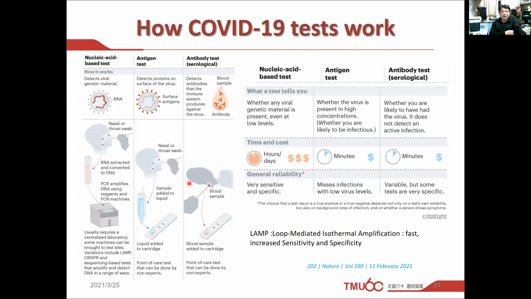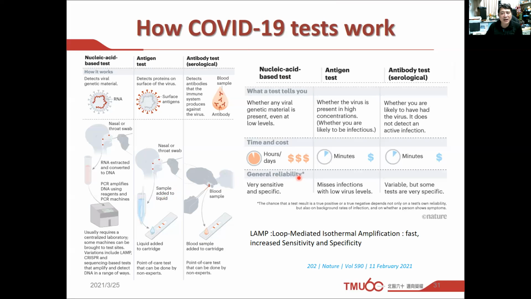Okay, double check it. So it's very fast. Okay, but it has a limitation: when the titer of virus is low in the individual, it's very hard to detect.